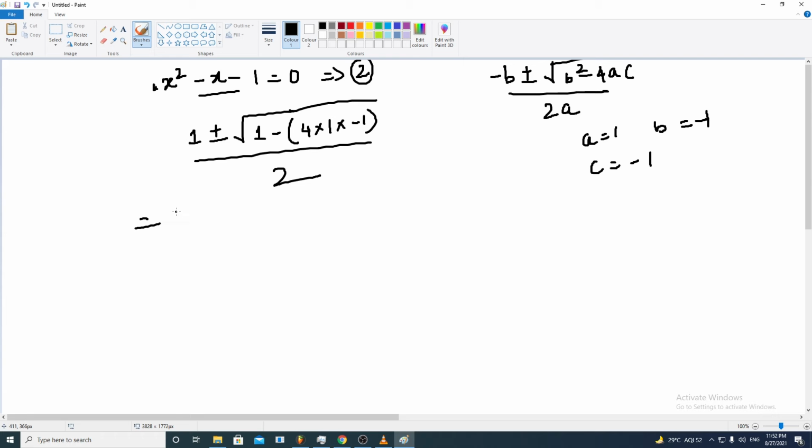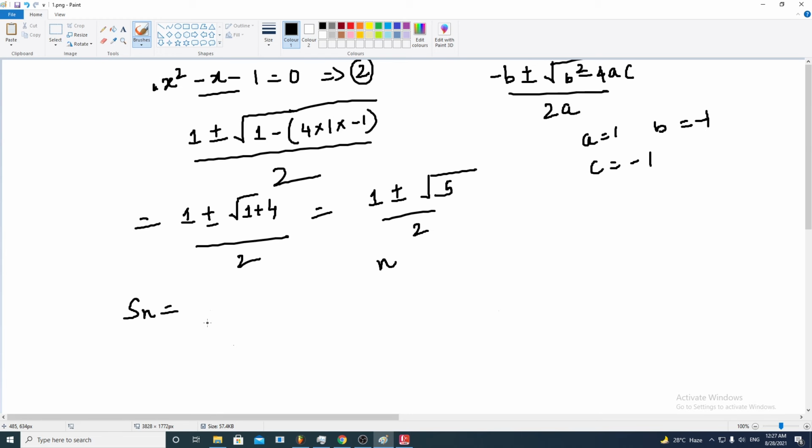So that will give us 1 plus or minus root of 1 plus 4, divided by 2, which gives us the roots as 1 plus or minus root 5 divided by 2. If you have seen my previous video, you can recognize these two terms as Sn and Tn.